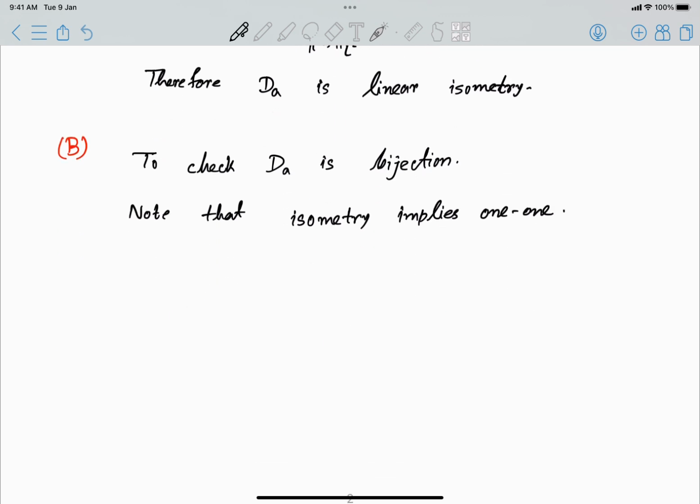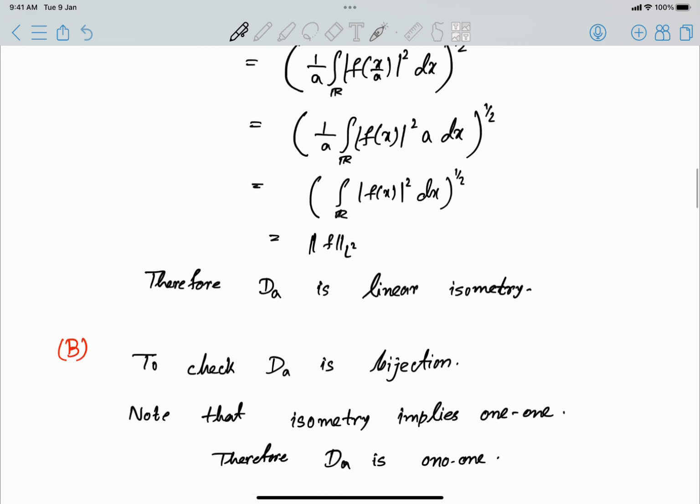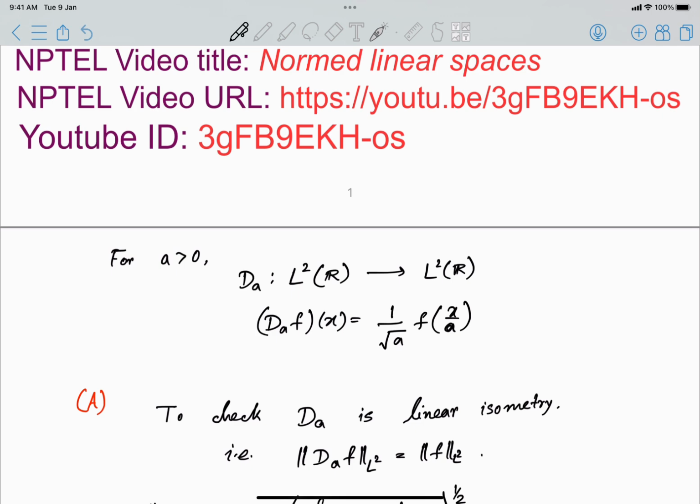So as isometry implies one-one, therefore dA is one-one. Now you have to check whether dA is onto or not. One-one just easily follows. So for ontoness you have to check, for any g, is there any function which will map under this map to g.